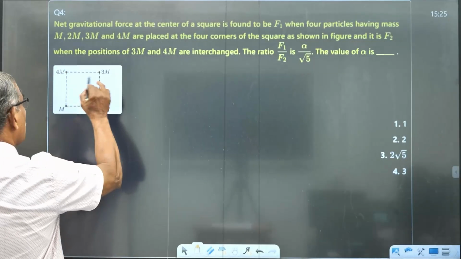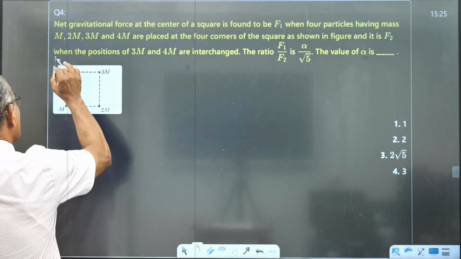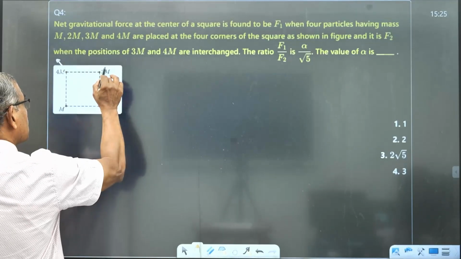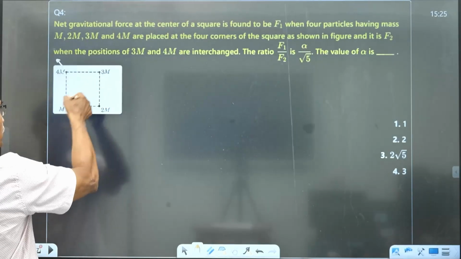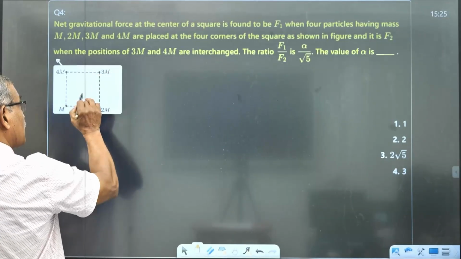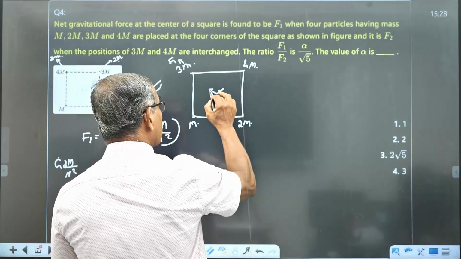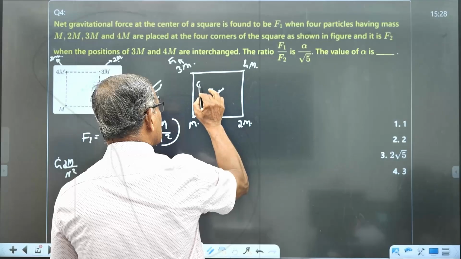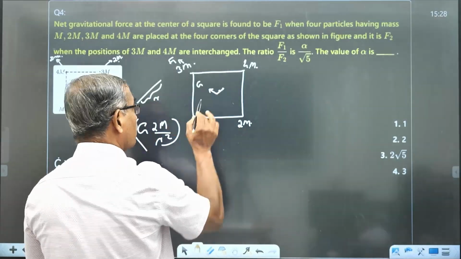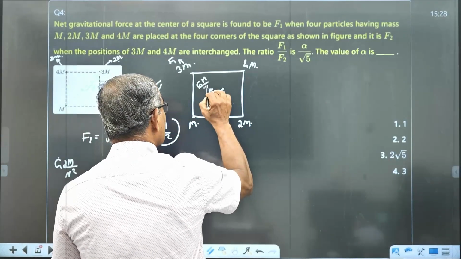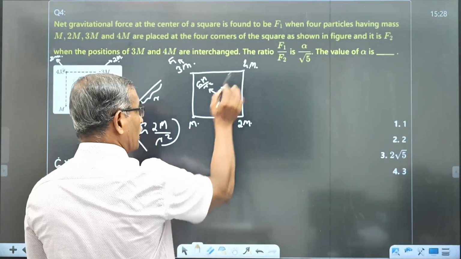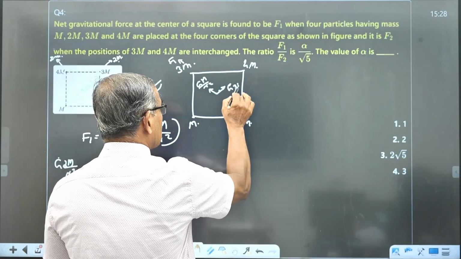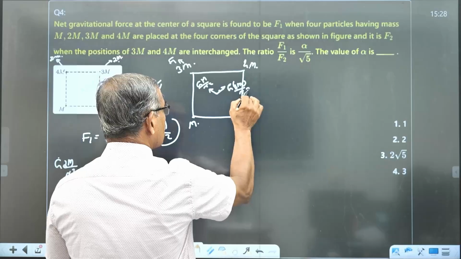And here also there is 2m due to 2m, and here again m and 3m. Due to m here, and the resultant is due to 2m here. Therefore this force is equal to G m by r squared, whereas this force due to 3m is equal to G 3m by r squared.